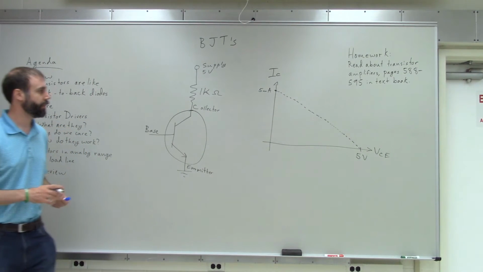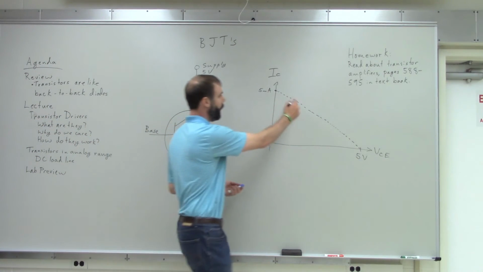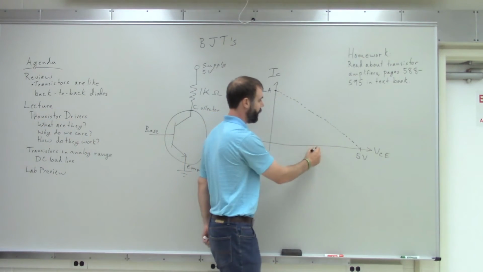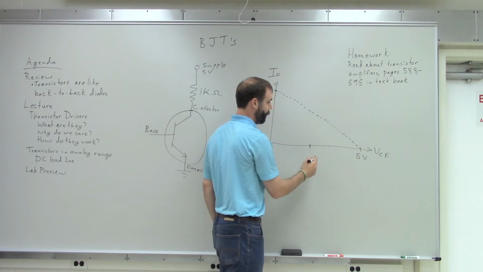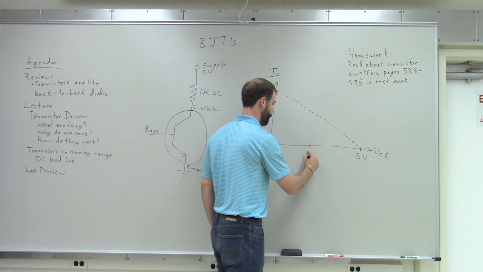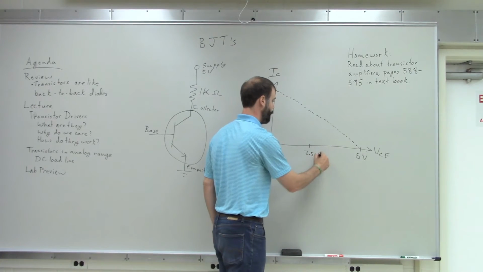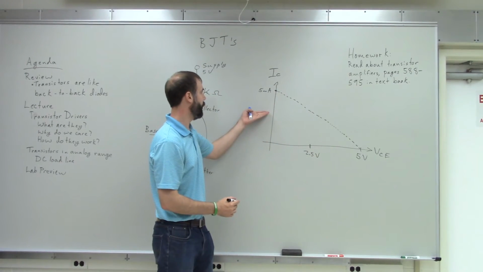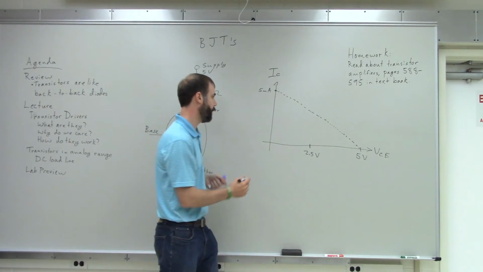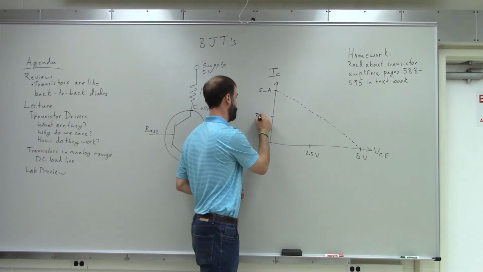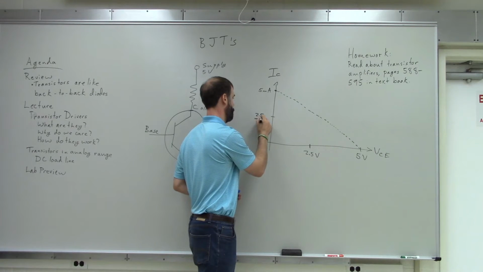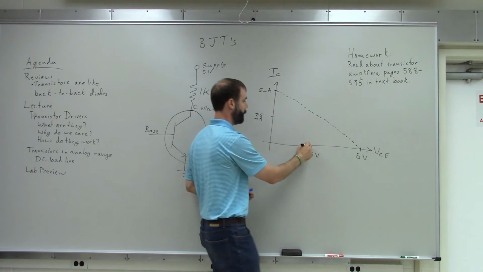So that means that the middle of this curve, or the middle of this line, would happen right at half of our input voltage, about 2.5 volts, and half of our current, .5 milliamps.